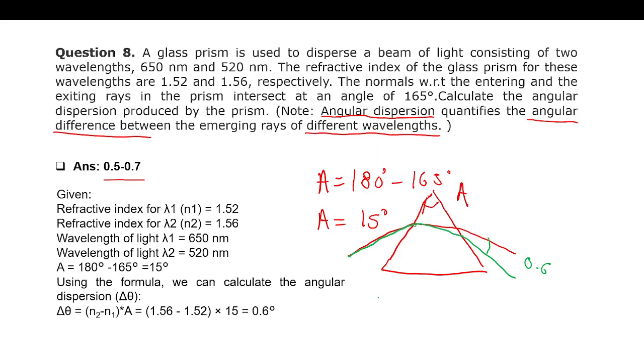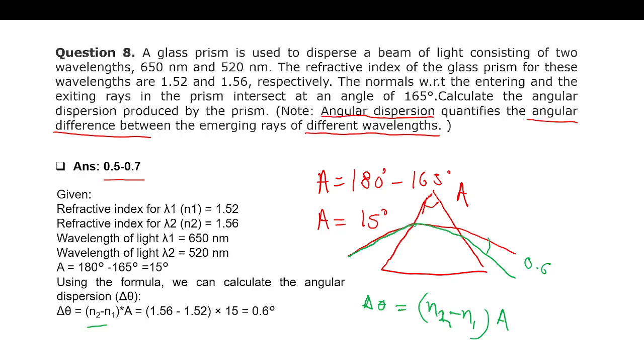So dispersion del theta is equal to n1 n2 minus n1 A. Angle can't be negative, so usually the higher refractive index we need to keep first.